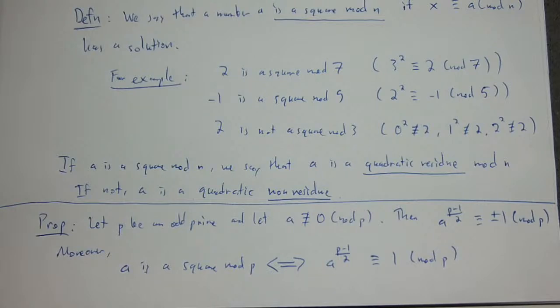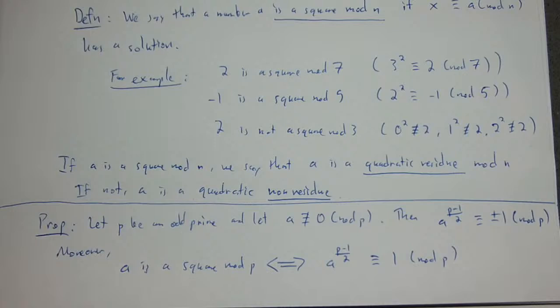So what does this say? This says that if p is an odd prime and a is not divisible by p, so a is not congruent to 0 mod p, then a to the (p minus 1) over 2 is always congruent to plus or minus 1 mod p. But when this is congruent to plus 1, that is exactly when a is a square mod p.